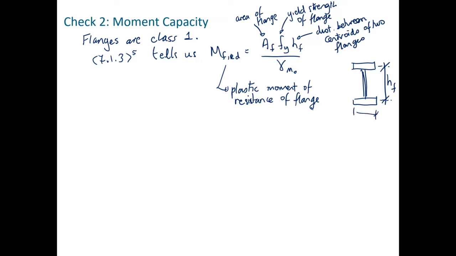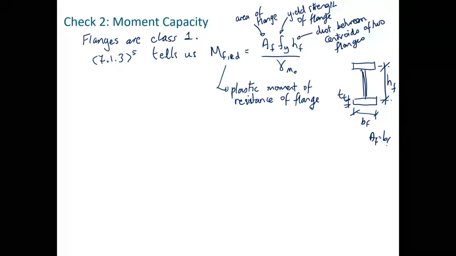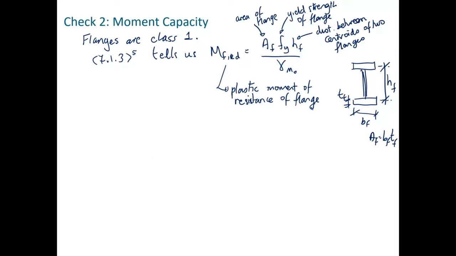And then you have BF, TF, so AF is equal to BF times TF. Okay, so we put all that into the equation.